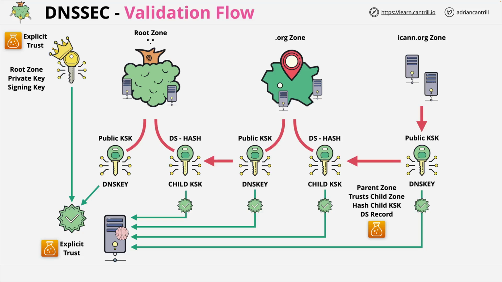And this is how we can trust the contents of all of the TLDs. This is how the TLDs trust any domain zones, and this is how we can trust the contents of any record sets within those domain zones. And all of this can be cryptographically validated at every step, and this is one of the major benefits that DNSSEC provides. Now at this point, that's everything I wanted to talk about in this video.